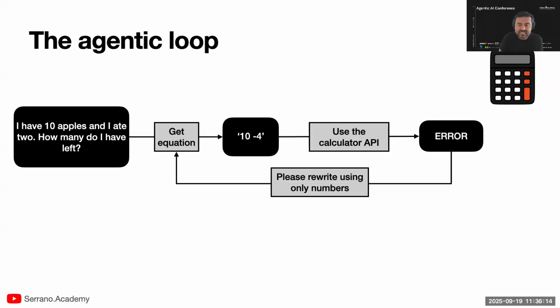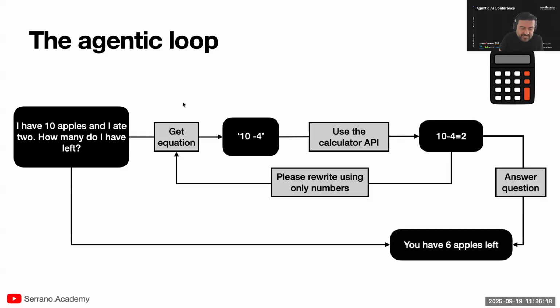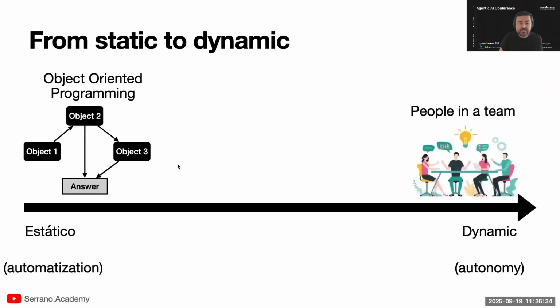So this is called the agentic loop. That kind of stuff is what agents do that object-oriented programming could do if I tell it to. But the idea is that it can get out with results, with problems that I may have not coded it to solve. So I like to look at this progression.